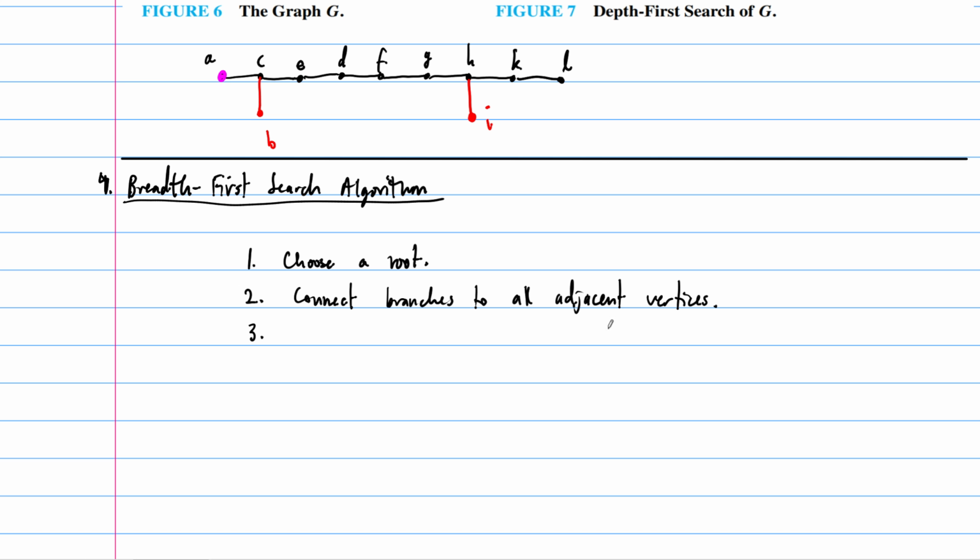And then 3, for each of those vertices, at the next step, repeat this process, but just be sure not to make any closed circuits.